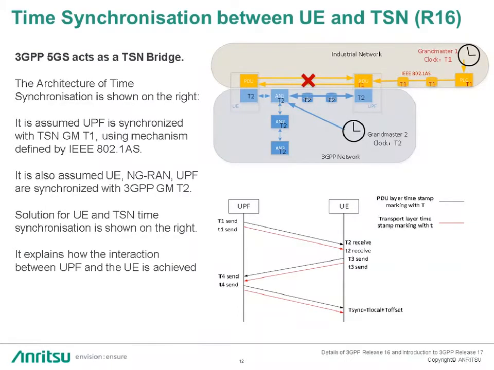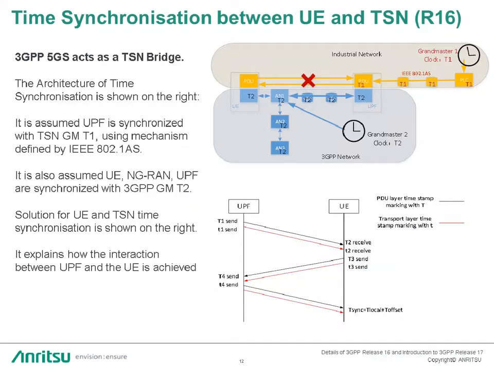Also, the below picture shows the solution for the synchronization between the UE and the UPF, where this is for the TSN time, and it shows how the PDU is time stamped. Each time it's flowing from one entity to the UE.